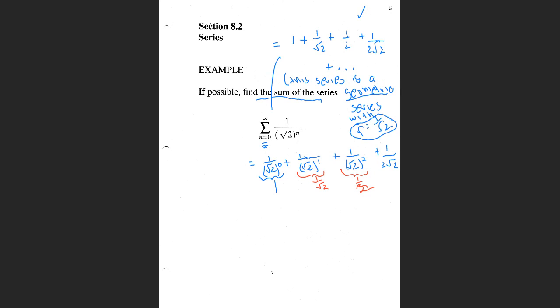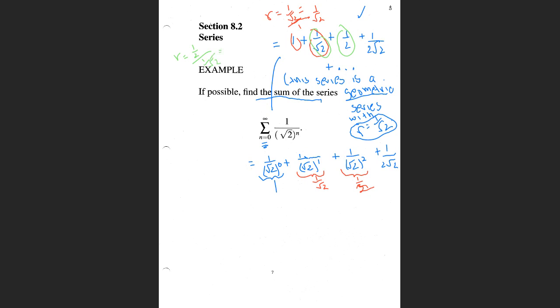And remember, in terms of common ratios, if I take the second term and divide it by the first term, that's 1 over root 2 over 1, which just gives me 1 over root 2. If I take the third term of the series and divide it by the second term, the ratio would be 1/2 divided by 1 over square root of 2.